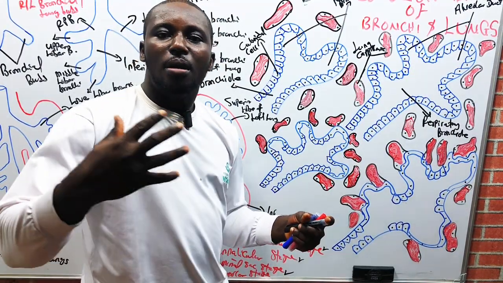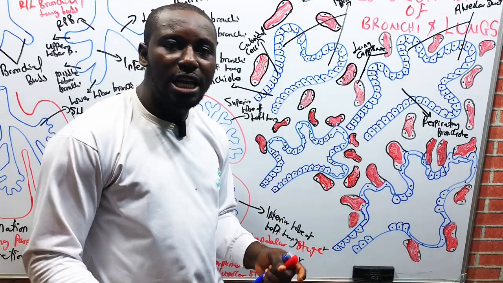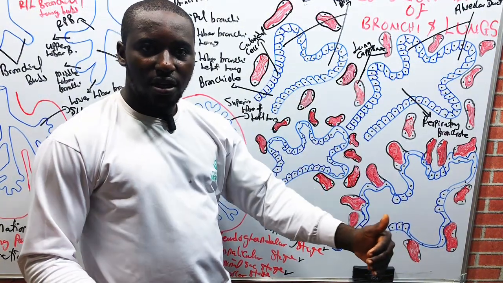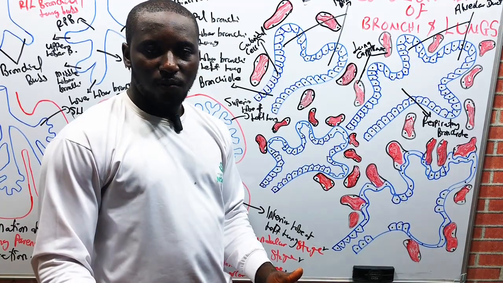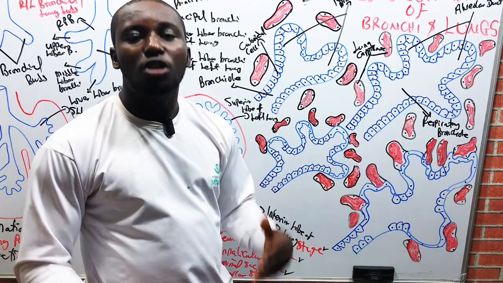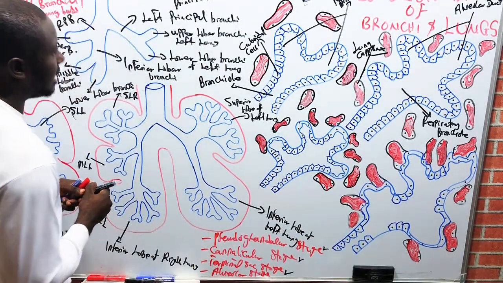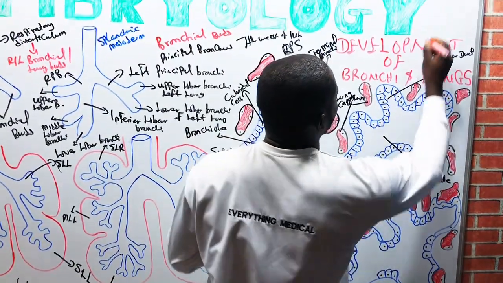By virtue of doing that, there is a contact between the epithelial cells and the endothelial cells. Once they come in contact, they form what we call the blood-air barrier. The blood-air barrier is an important structure.